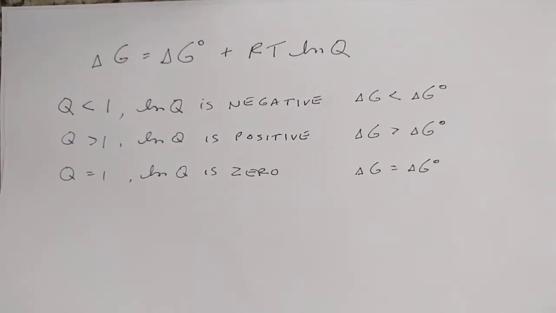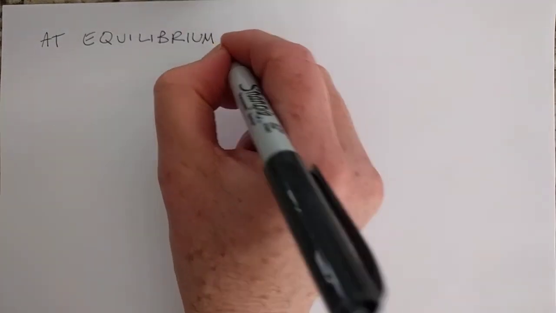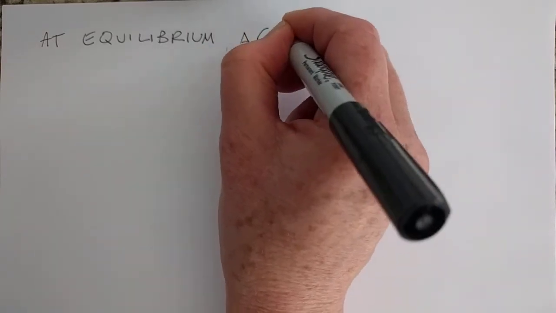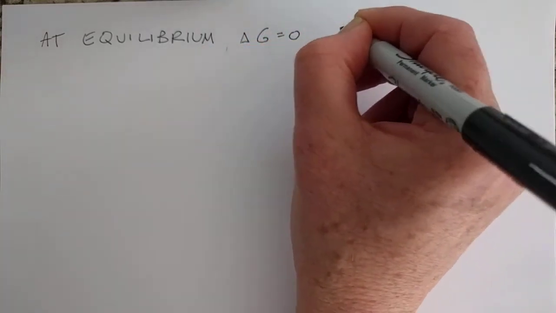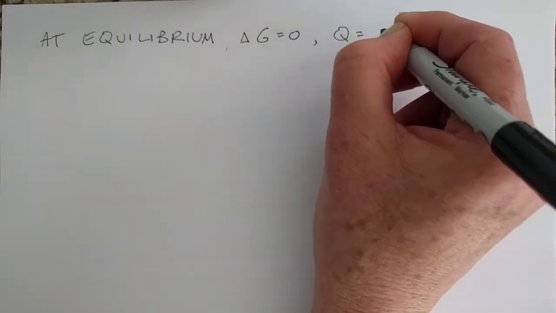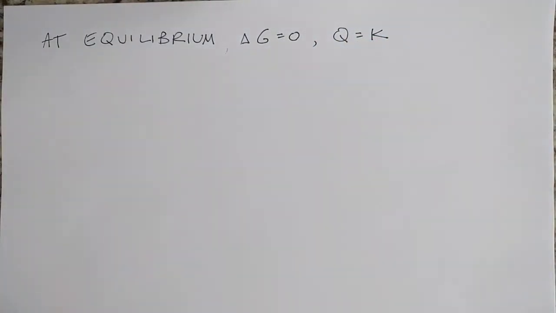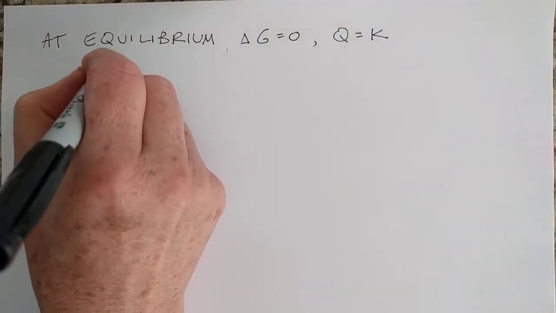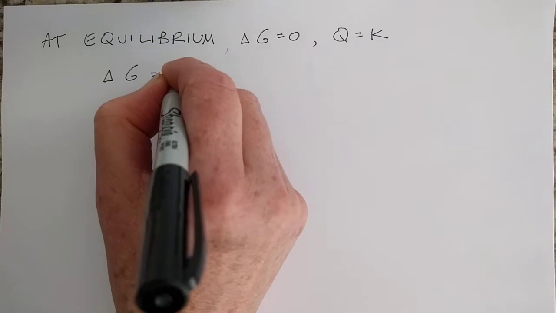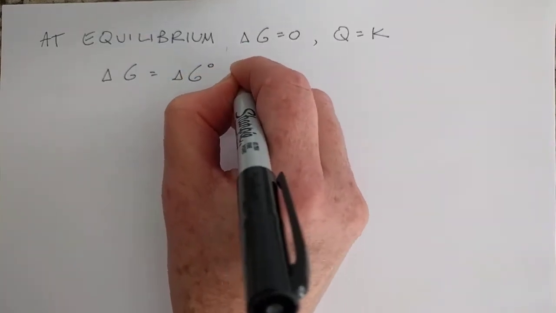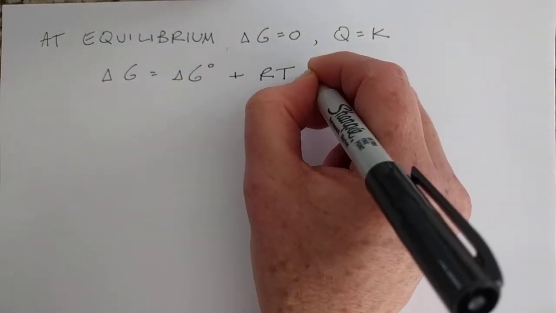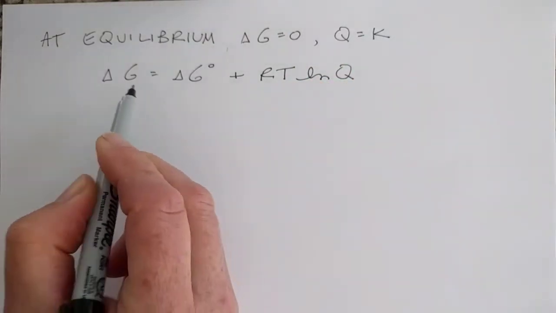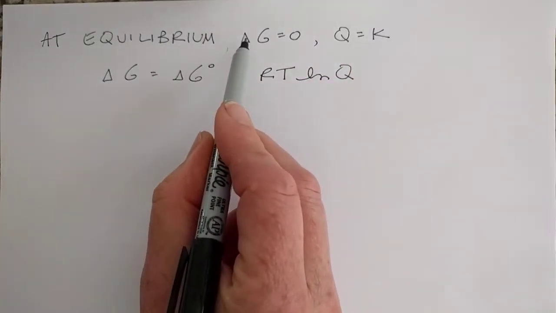Okay, so now we're going to take a look at what happens when we are at equilibrium. So at equilibrium, our delta G is equal to 0, and of course our Q is equal to the K. We're at equilibrium. So we take our equation, the delta G equals the delta G zero plus RT, the ln of Q. And now we're going to substitute in our equilibrium values.